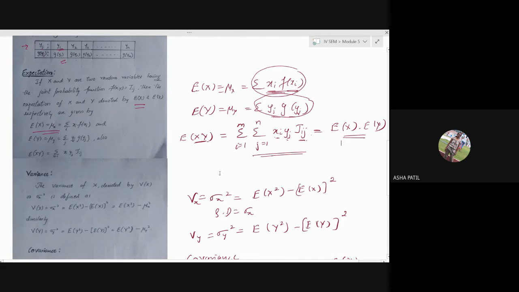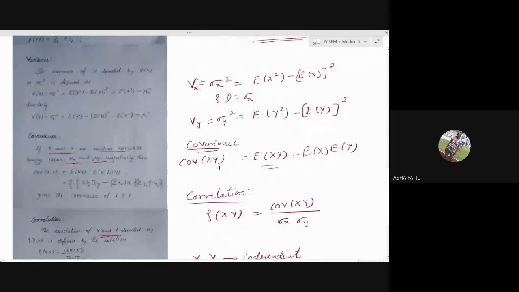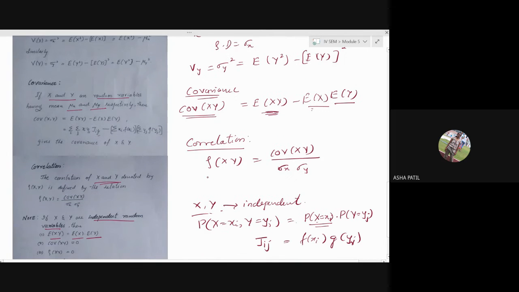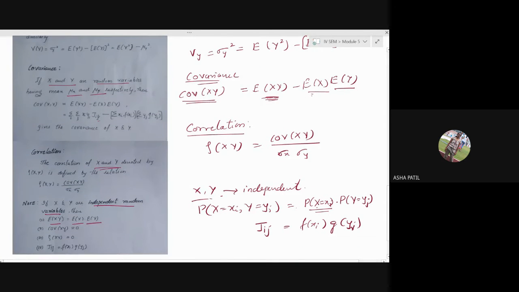And if that happens, expectation of xy is equal to expectation of x into expectation of y, then this cancels and your covariance will become 0. So whenever you have x and y as independent variables, your covariance will be equal to 0 because expectation of xy is equal to expectation of x into expectation of y.